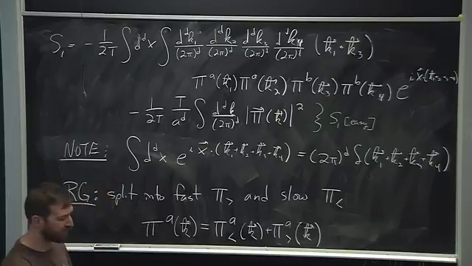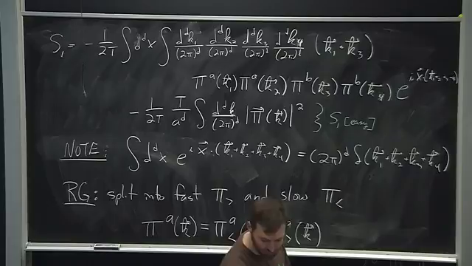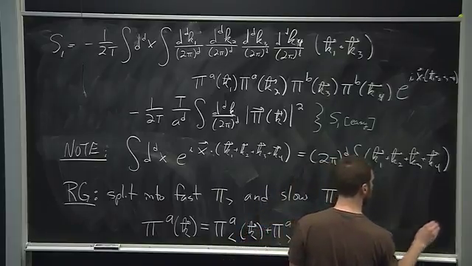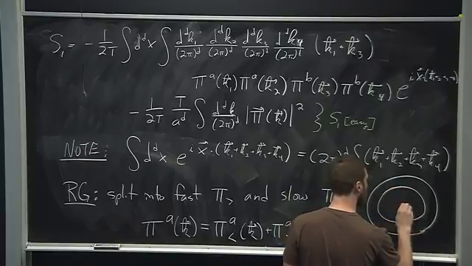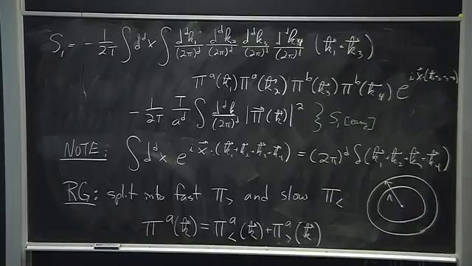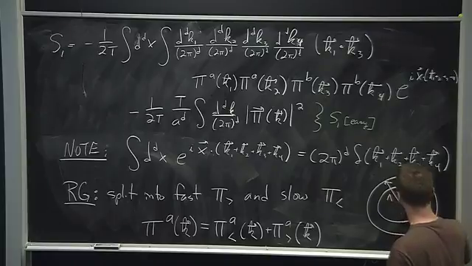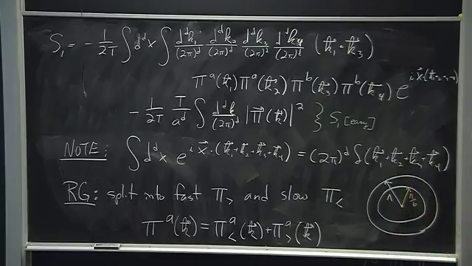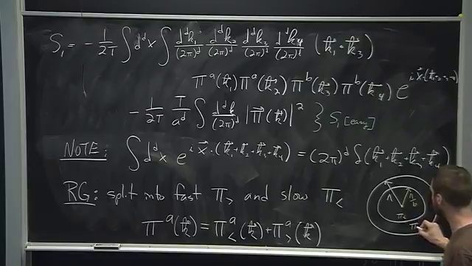And remember, the fields are only defined within their respective shells. So we have a cutoff capital lambda. And then we have a lambda over b. And the slow modes are only defined in here. And the fast modes are only defined in here.